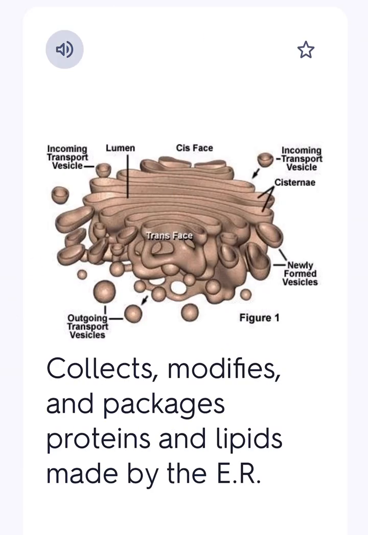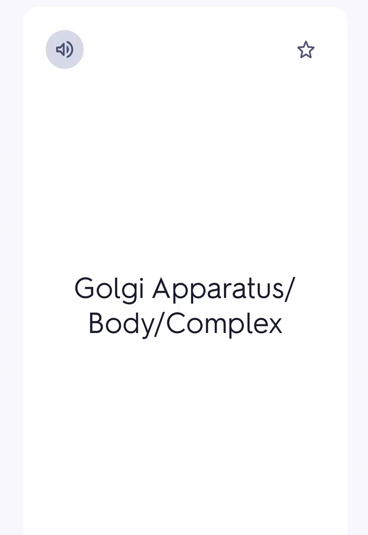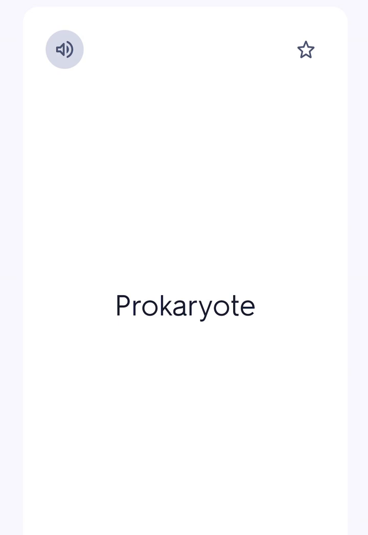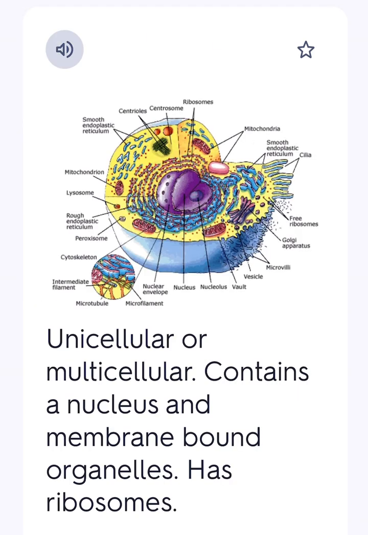Collects, modifies, and packages proteins and lipids made by the ER. Golgi apparatus/body/complex. Unicellular. Lacks a nucleus and membrane-bound organelles. Has ribosomes. Prokaryote. Unicellular or multicellular. Contains a nucleus and membrane-bound organelles.